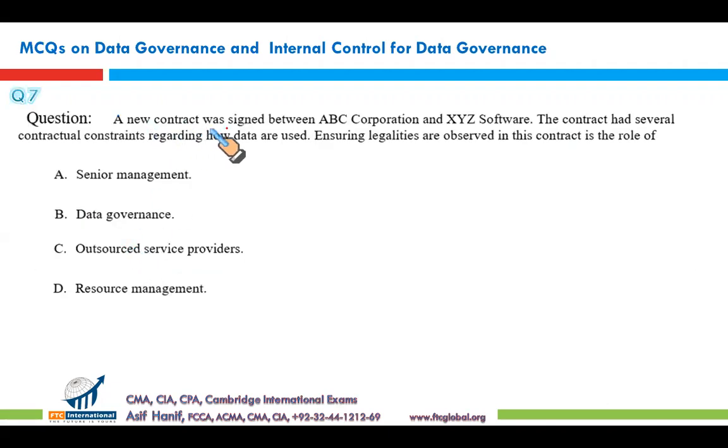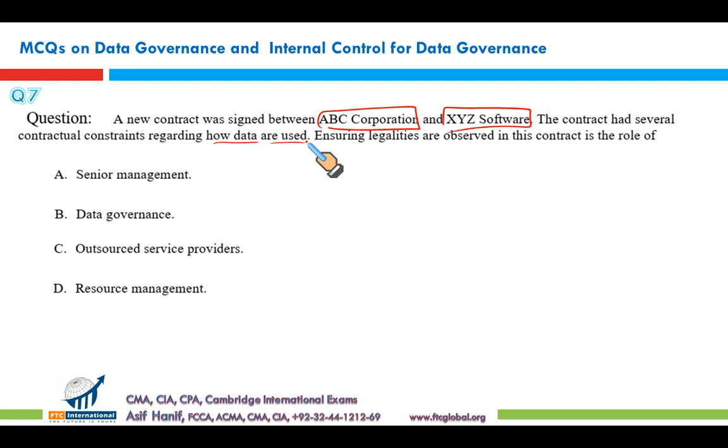A new contract was signed between two parties, ABC and XYZ software. The contract had several contractual constraints regarding how data are used. Contractually, we are bound under the governance framework. We are under compliance laws, under contractual obligations, under government rules, even our own internal policies and procedures.